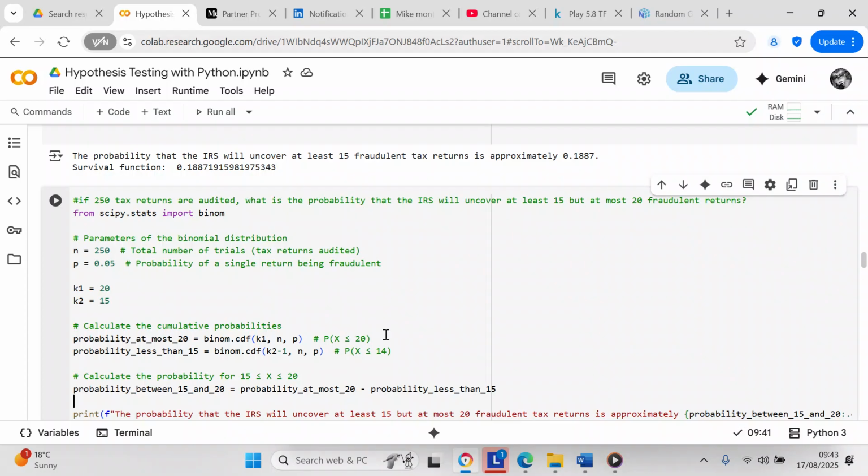And then we're going to calculate the probability for 15 is less than or equal to X is less than or equal to 20. So probability between 15 and 20 equals probability at most 20 minus probability less than 15.